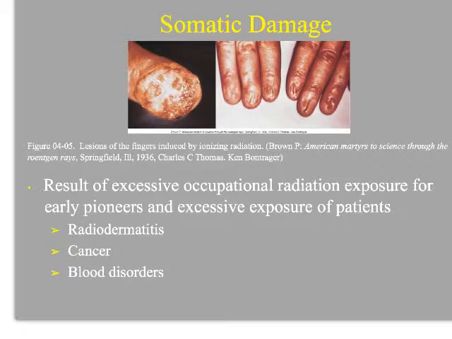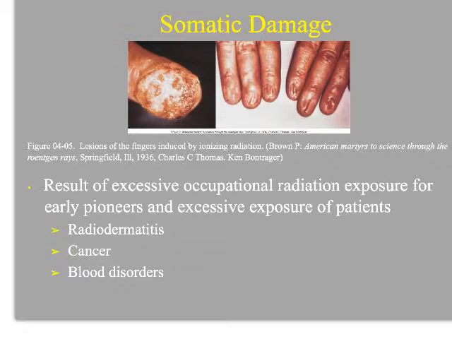On your slide, the cancer and blood disorders, put a bracket around that. Those are going to be stochastic in nature. The radiodermatitis would be deterministic in nature, right? So I want us to be able to start to differentiate those, even though we're going to see them in lists together.